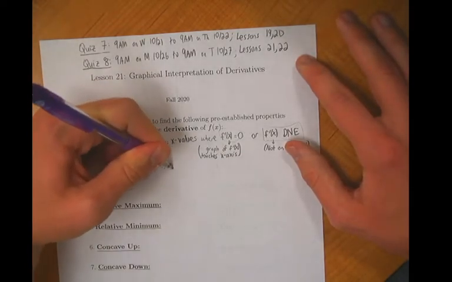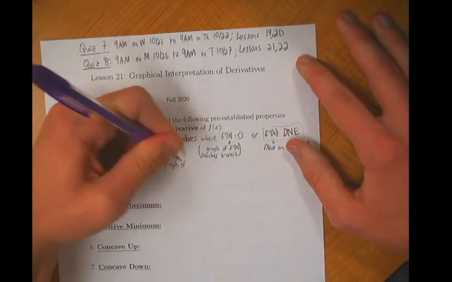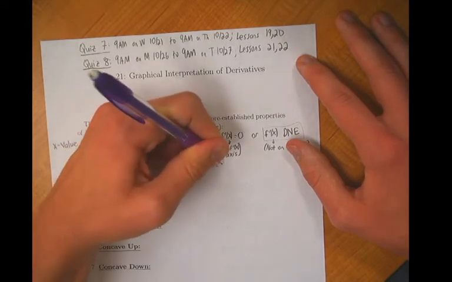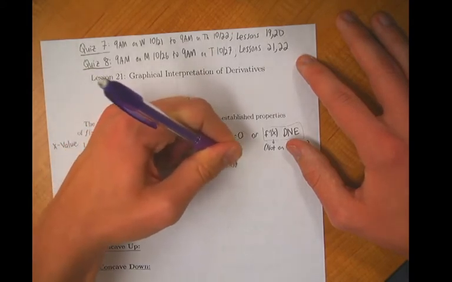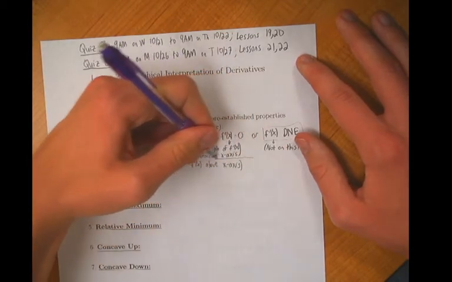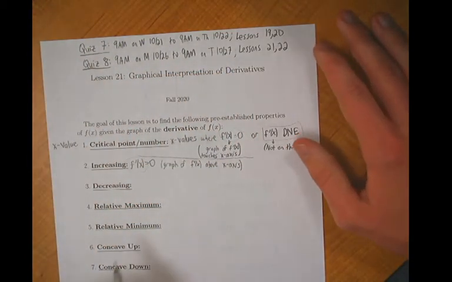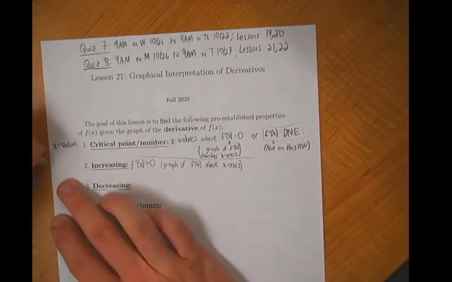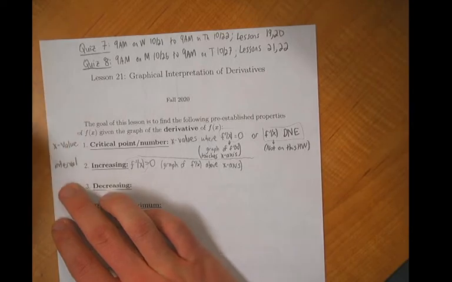So the graph of f prime of x is above the x-axis. And increasing and decreasing are going to correspond to an interval.